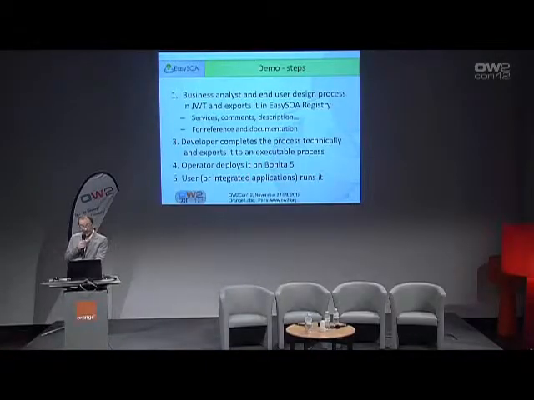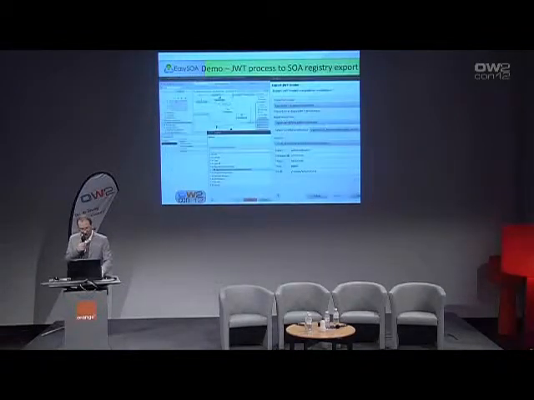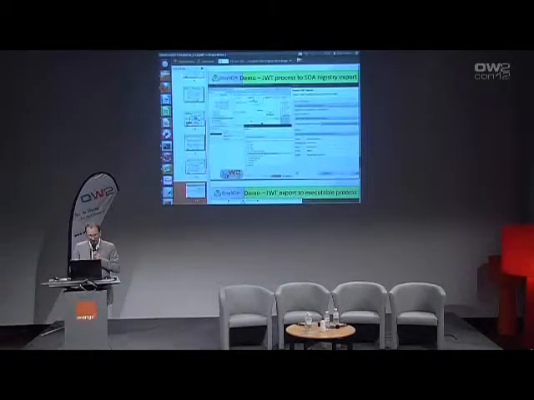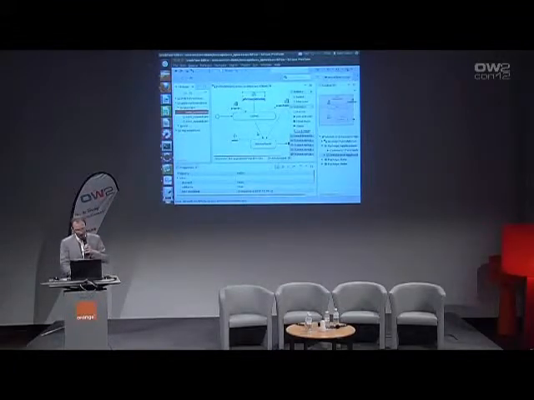So now is the demo part. Stay with me, please, for designing a process, deploying it, running it, and trying to get some information about it. First, here you've got a Java workflow tooling process, a very simple one. We start here.